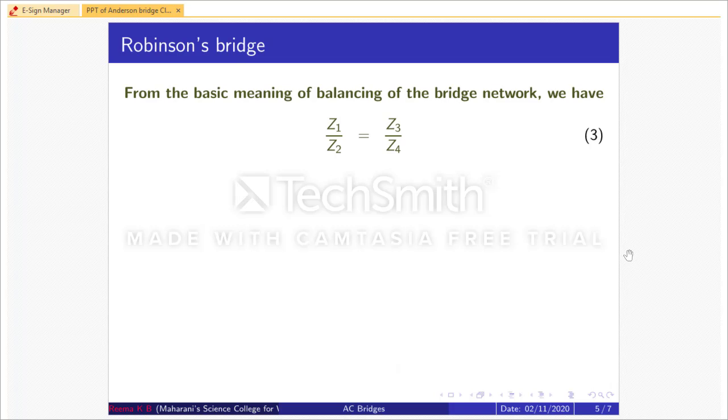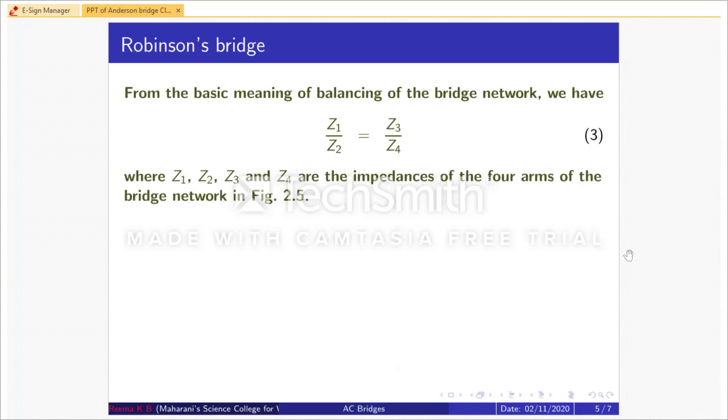From the basic meaning of balancing of the bridge network, we have Z1 by Z2 is equal to Z3 by Z4, where Z1, Z2, Z3 and Z4 are the impedances of the four arms of the bridge network in figure 2.5.